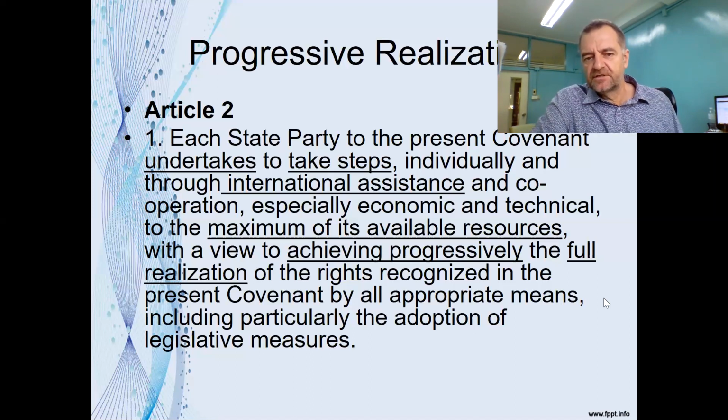Okay, so after the international assistance, we then have the state's got to realise these rights to the maximum of its available resources. And this is open to a lot of interpretation and a lot of debate. So it means that states have to use their resources as well as they can, to the maximum amount, to realise the right to food, water, housing, education, and so on.